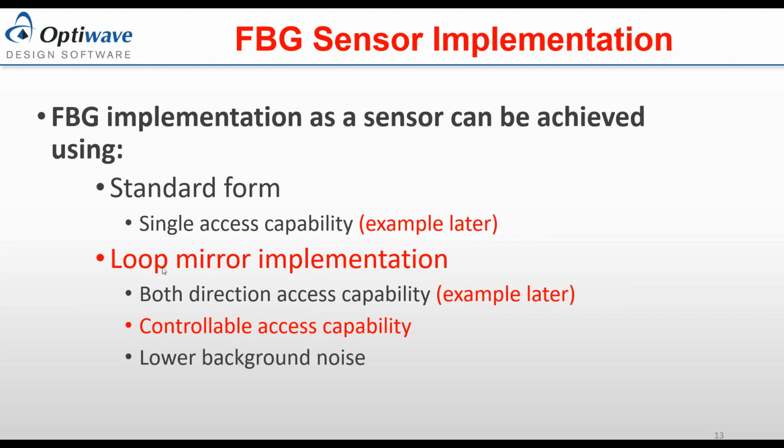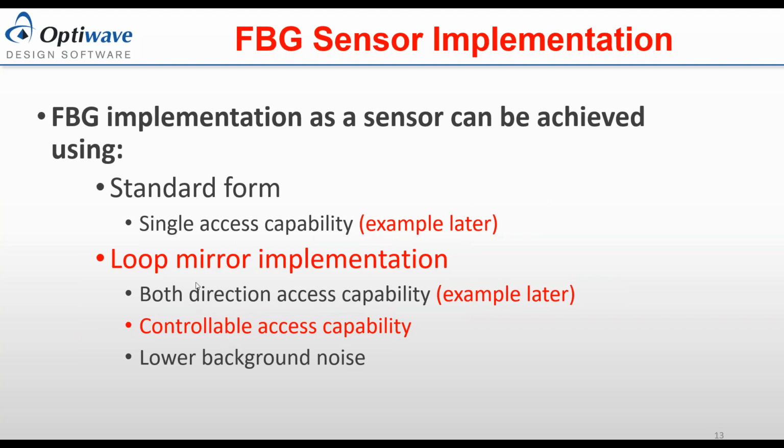Now, another advantage of the loop mirror is because of its nature, based on the interference between the clockwise and counterclockwise fields, and mostly sensing applications use ASE sources or light emitting diodes where the light is not coherent.